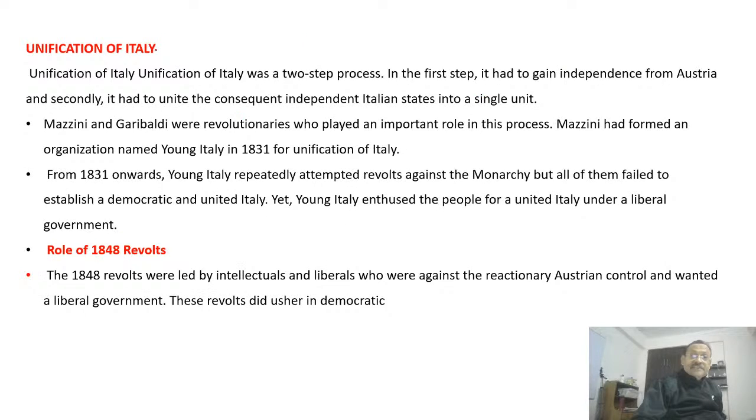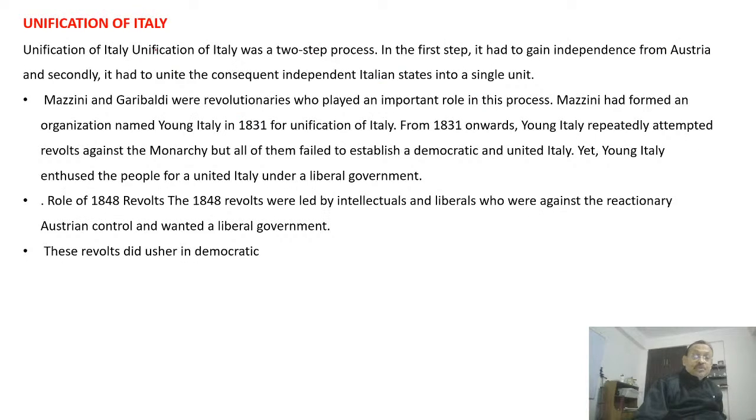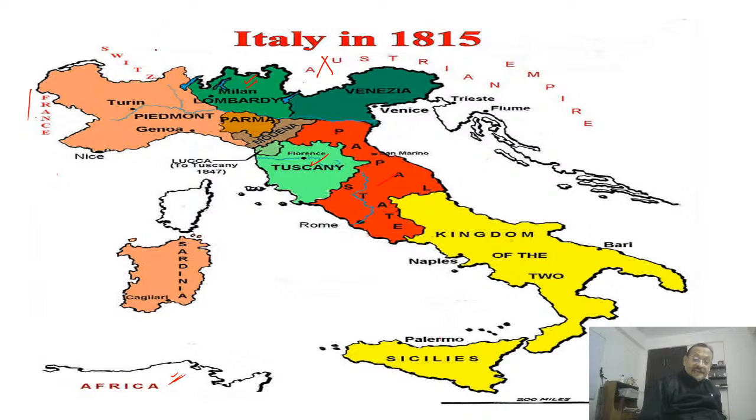And it became clear that Austria was the principal enemy, and only her defeat would ensure the unification of Italy. What is the important part of that? It was clear to Italy that unless Austria is defeated, it is not possible to rule independently in the region of Italy.